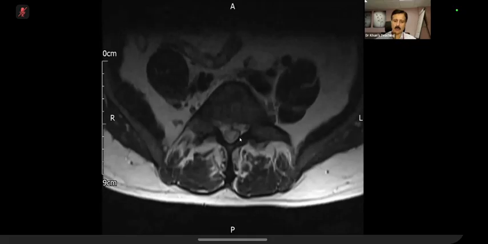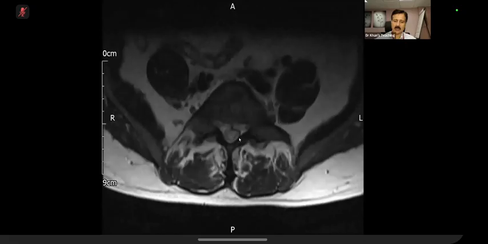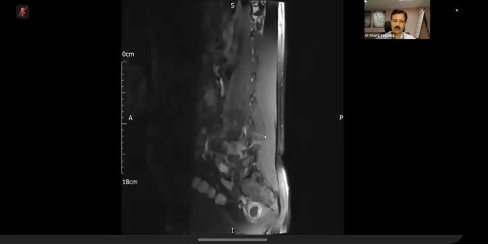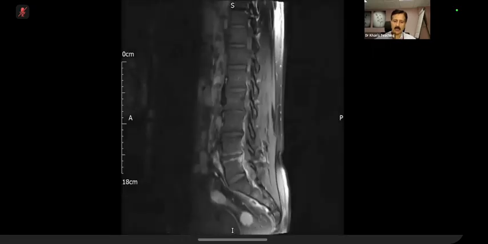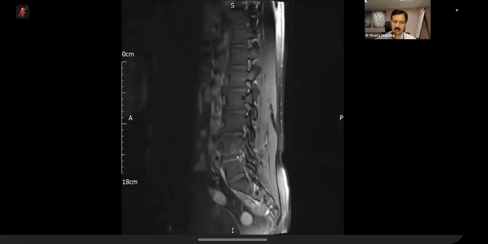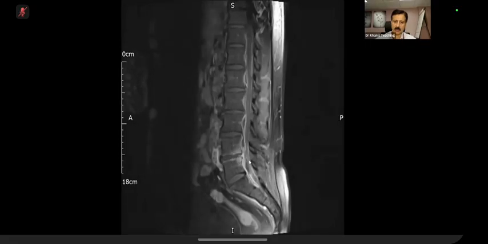And now on post contrast, it will become clear that actually this is an abscess, and you will see on post contrast, it will not enhance. So from here we jump to the post contrast, and now you can see that the end plate is enhancing and the central part is not enhancing, meaning there must be a liquefied matter there also.